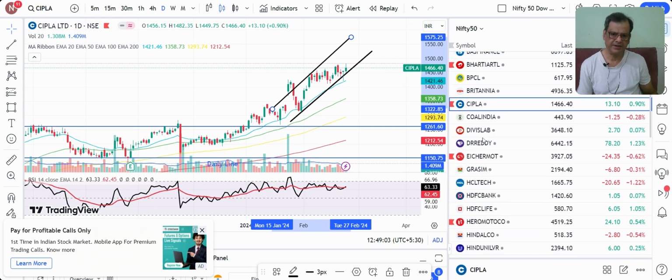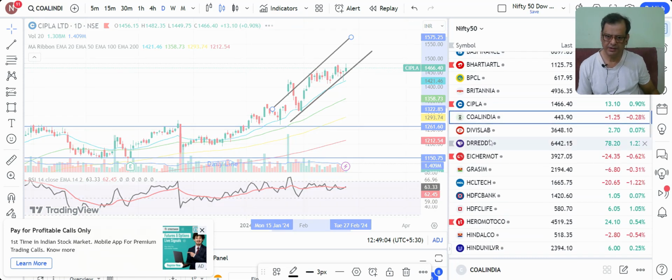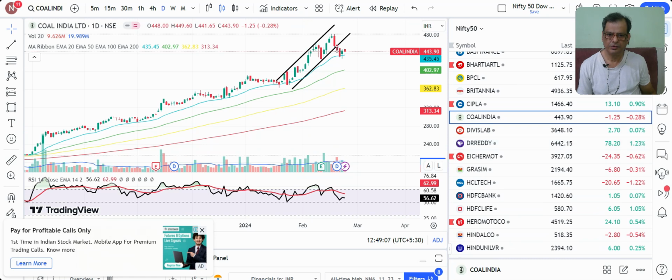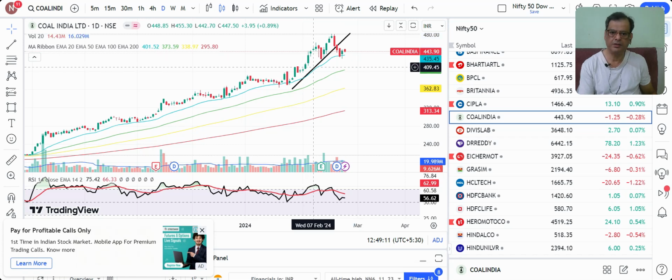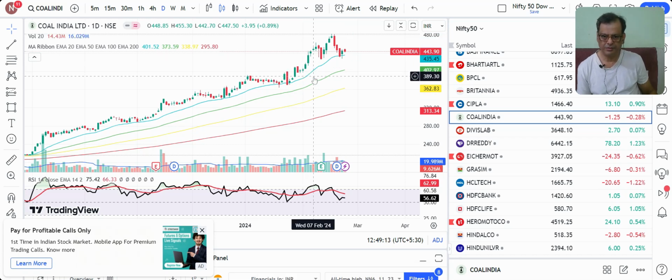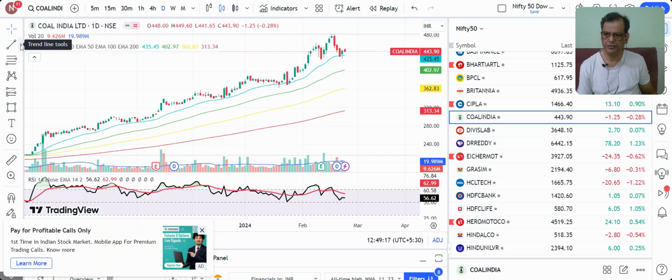Let's go look at some other shares. Coal India again. I had drawn these trend lines earlier for the purposes of showing this to you. Let me draw a trend line here. So price is in an uptrend.